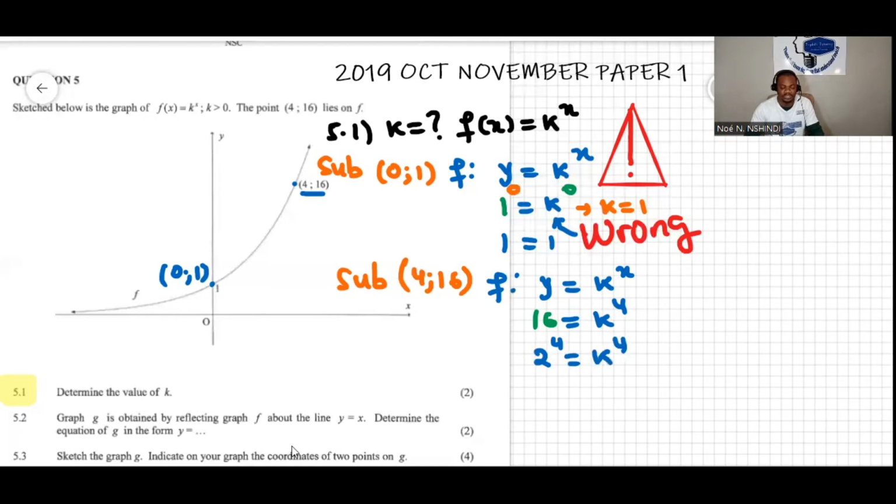Now there's a property in math that says this: if a to the power of m equals b to the power of m, when the exponents are common like this, then a equals b. So in this situation, because we have common exponents, we say therefore 2 is equal to k, or k equals 2. So this is the value of k.